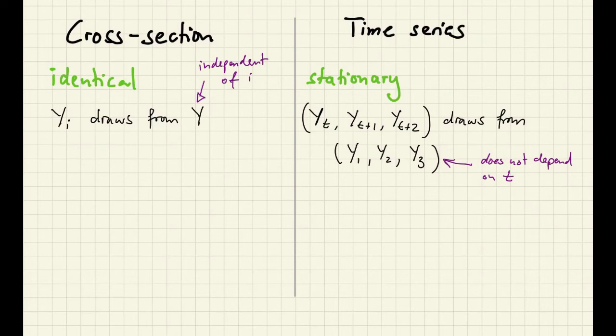In a time series, the economic problem doesn't change as we move from one segment of 3 time periods to the next segment of 3 time periods. The same economic rules persist. So both conditions ensure that we observe the same economic problem again and again.